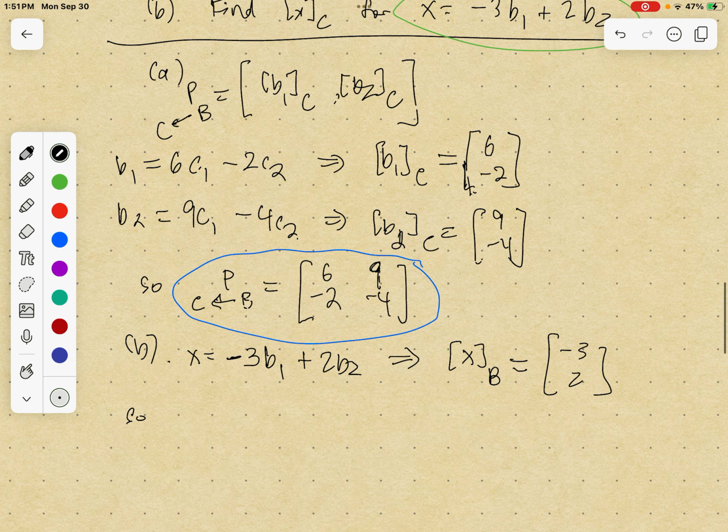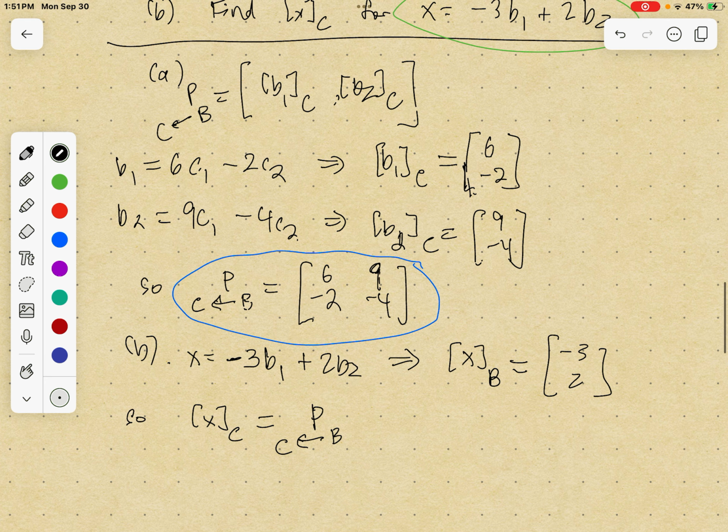And we know that X with respect to C is equal to the change of coordinates matrix from B to C times the vector of X relative to B.